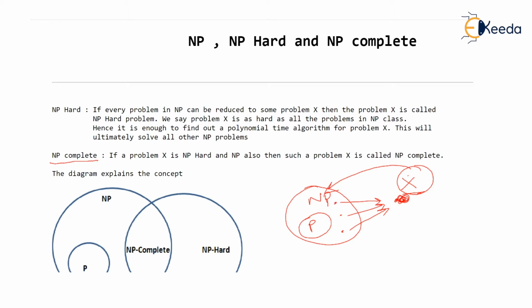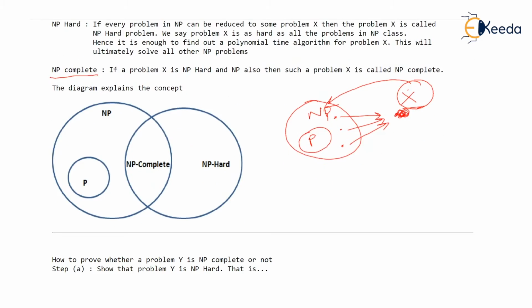What that means is, check this diagram now, P and NP. There are many problems in NP. Let's say for simplicity, there are 4 problems A, B, C, D. And B can be reduced to A, C can be reduced to A, D can be reduced to A. Just imagine there are only 4 problems in NP. There might be millions of problems.